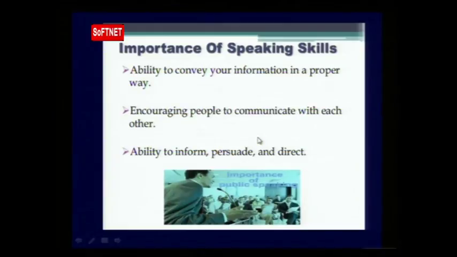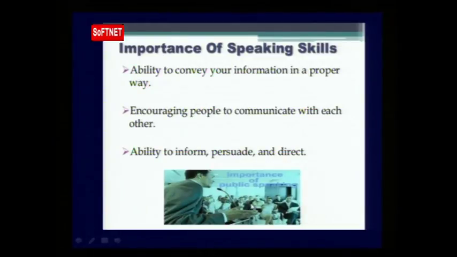When you speak, you have to permit them, allow them and encourage them to speak to you and to others. In that way, they communicate with each other. And the last one is ability to inform, persuade and direct.